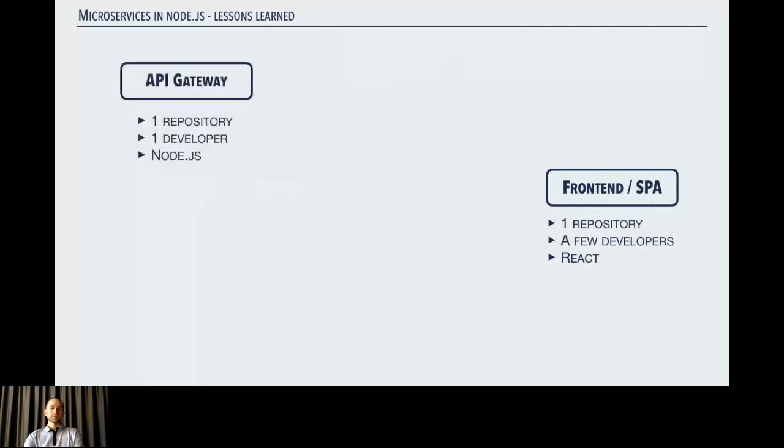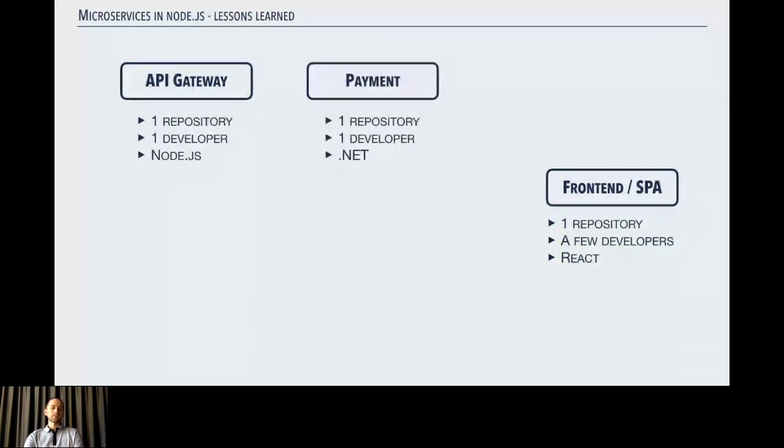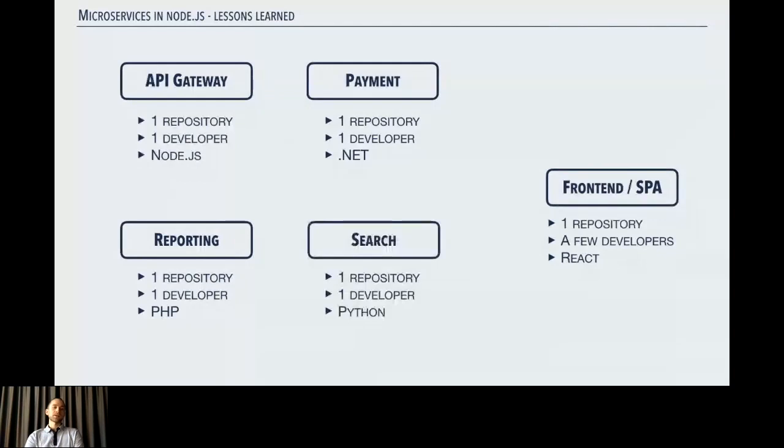So we are leaving the SPA as it was, and now we are dividing our backend into many different microservices, and just following these definitions about microservices, we have separate repositories for each of the microservices.